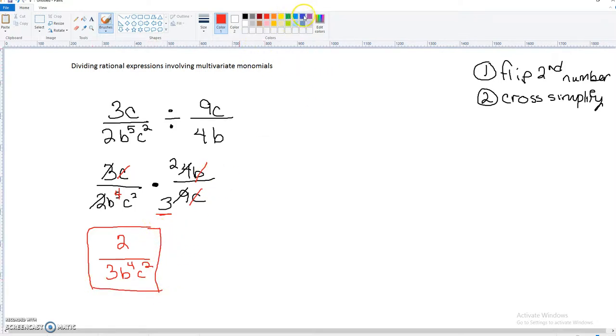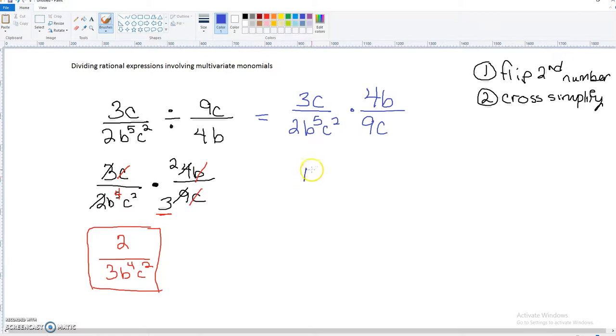Okay, so that's one way to look at it. Another way is, you still have to flip it, of course. So let me rewrite this as if we had just flipped it. And of course, you can choose whichever method best helps you. One thing you could do is multiply straight across.